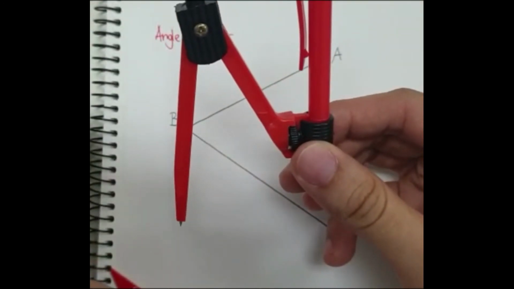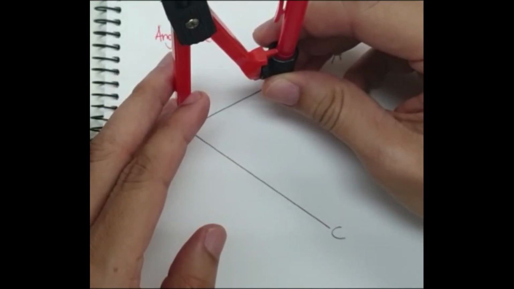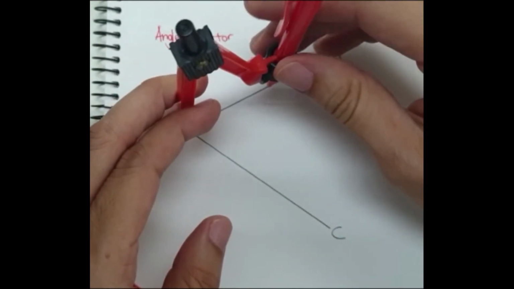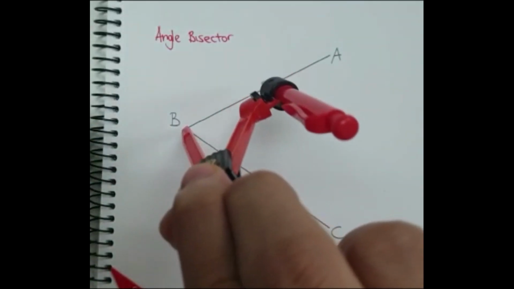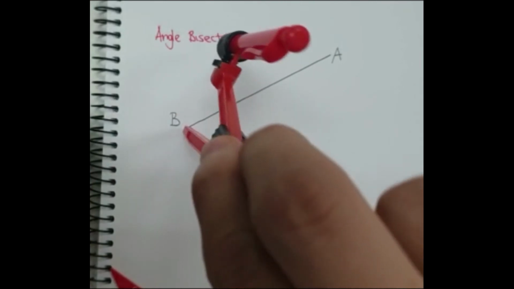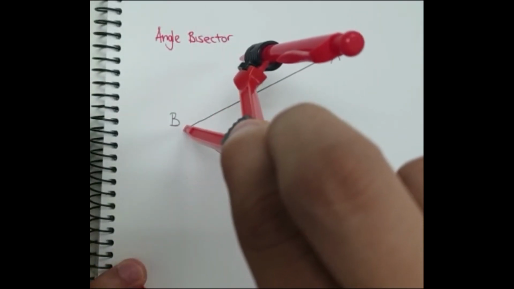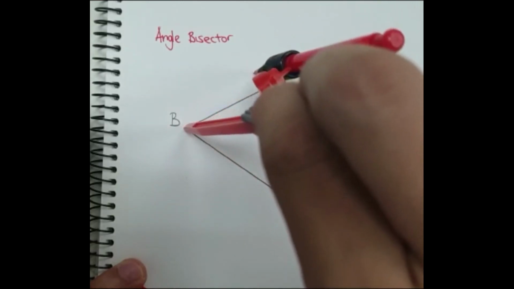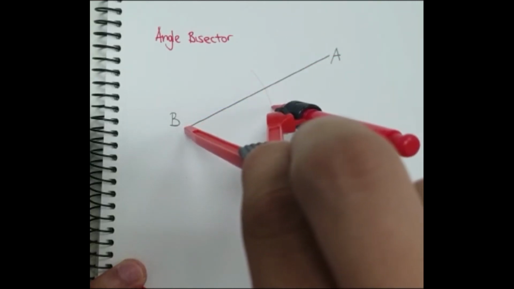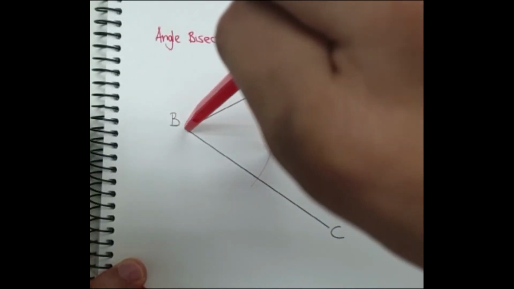Take your compass, make sure you have a fixed length. This length, there's no fixed thing. You can just fix any length, but once you fix it, you do not adjust it anymore. First, take the compass, put it at the angle that you want to bisect, and then draw an arc on the first line and draw an arc that cuts the second line.